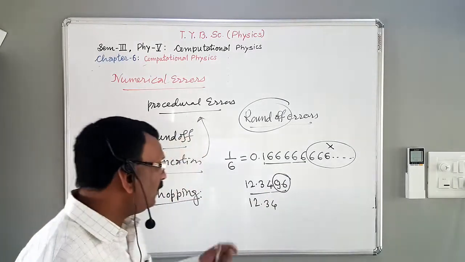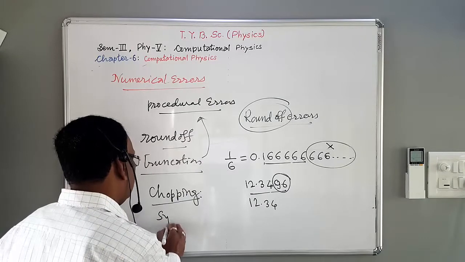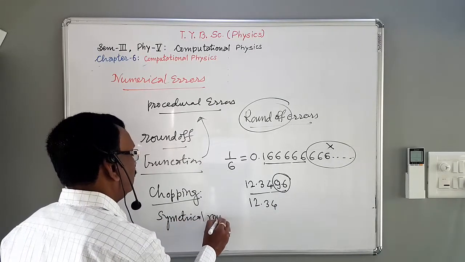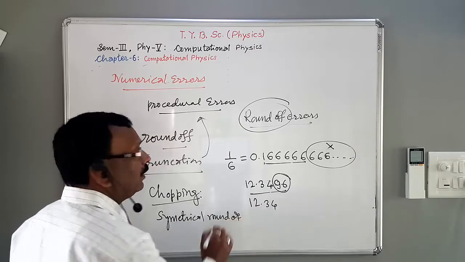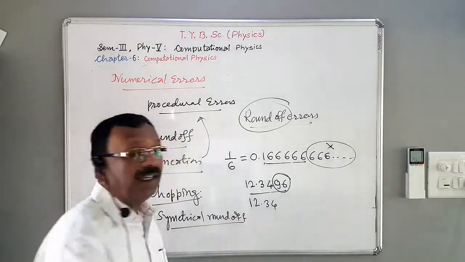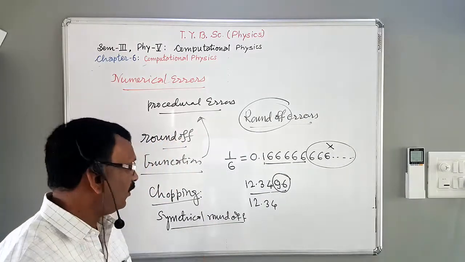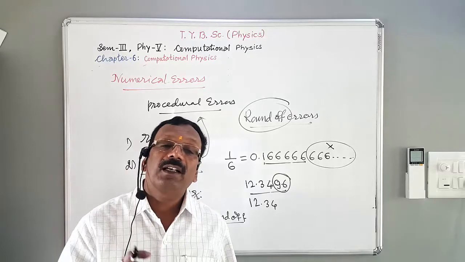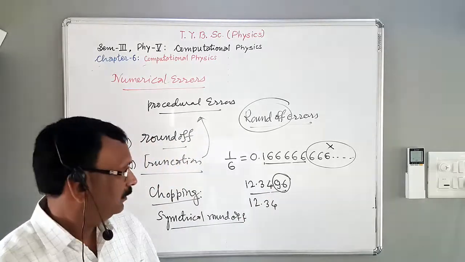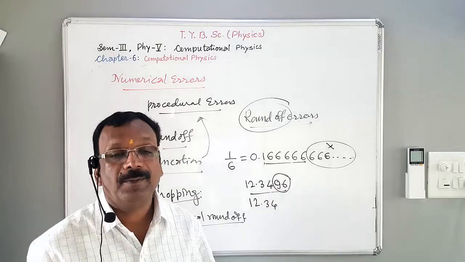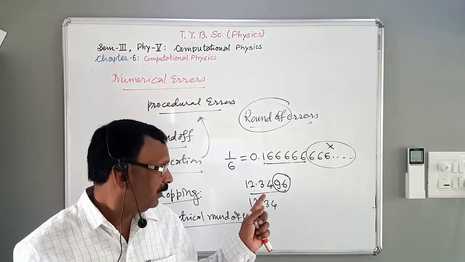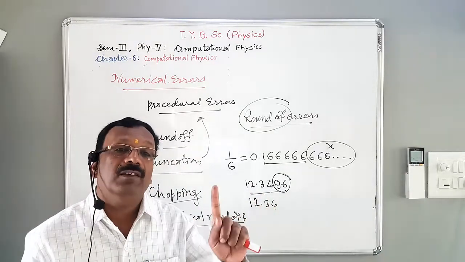Okay. There is one more term, symmetrical round off. In this method of symmetrical round off, the last retained significant value, that is 96, is rounded off by 1.